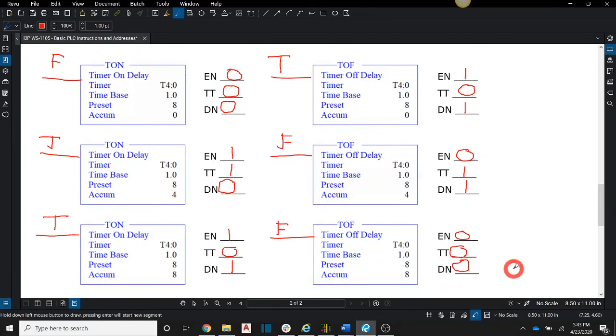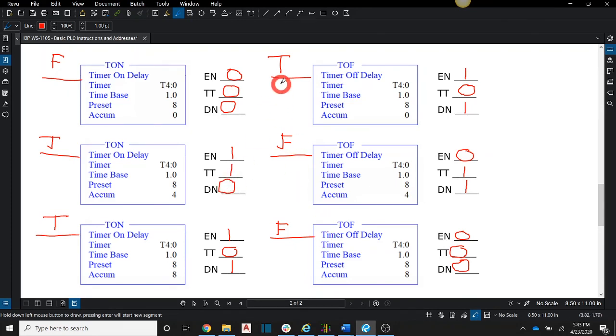That is the use of this particular timing function. It's to delay the off action, instead of, as with the timer on delay, delaying the on action. If you notice, when we went from false to true, we delayed the false to true transition by 8 seconds.